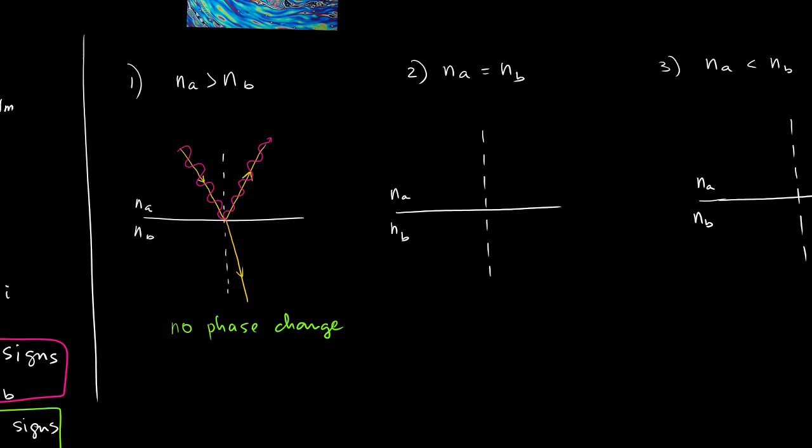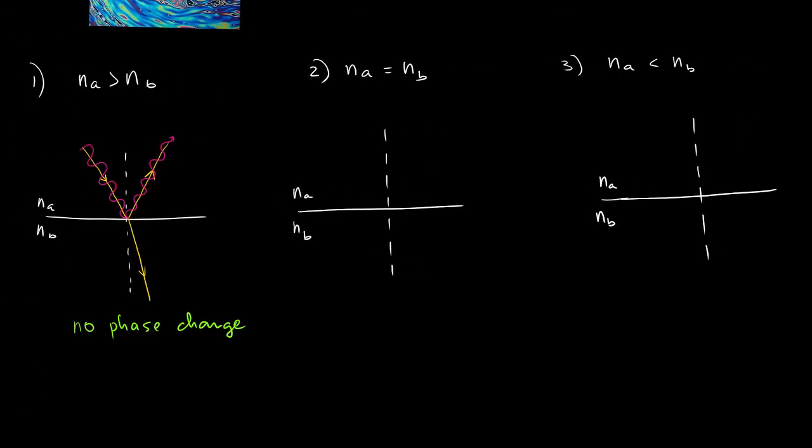Now let's try the second case. When NA equals NB, there is pretty much no reflection. The light is incident and transmitted through. So no reflection here at all, and the light just passes through as it is, without anything.